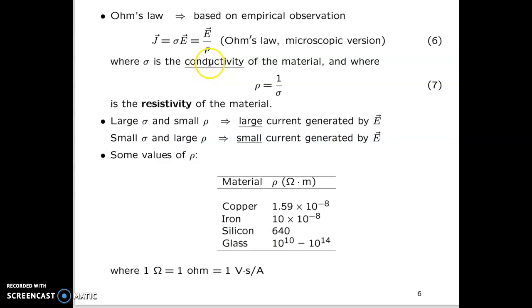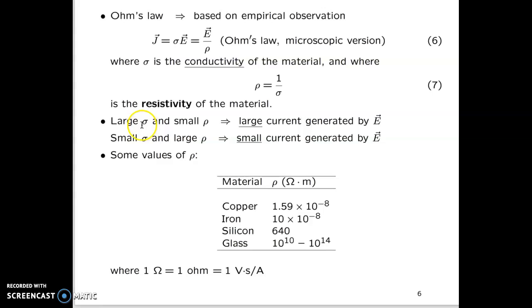We define another quantity called rho. So this is not a P here. It looks like a P, but it's a Greek letter rho. And rho is simply the reciprocal of the conductivity, and we call it the resistivity. So if you know the conductivity, you know the resistivity. If you know the resistivity, you know the conductivity of the material.